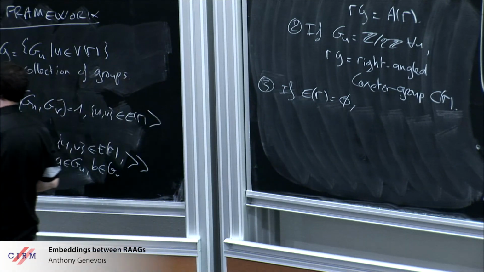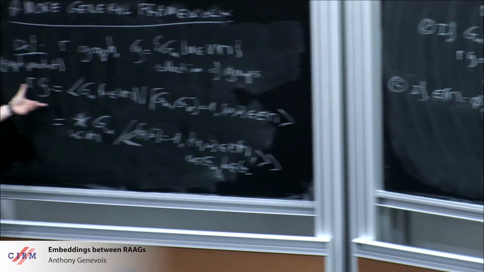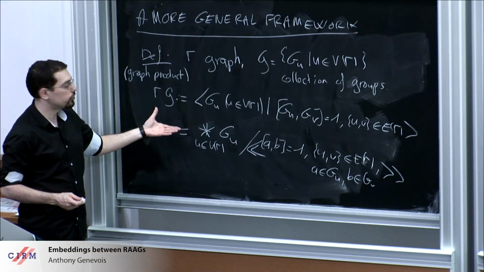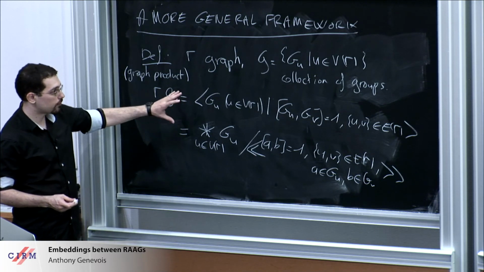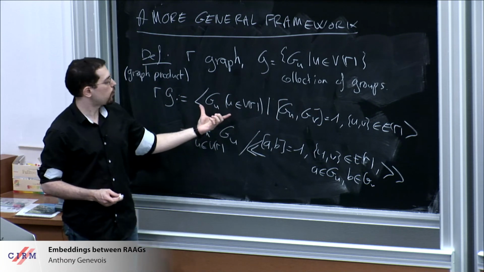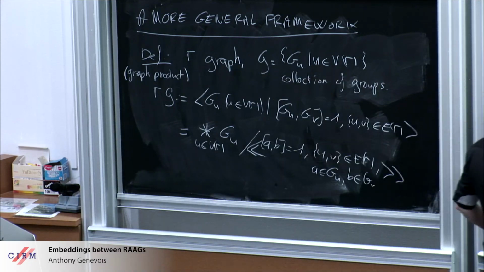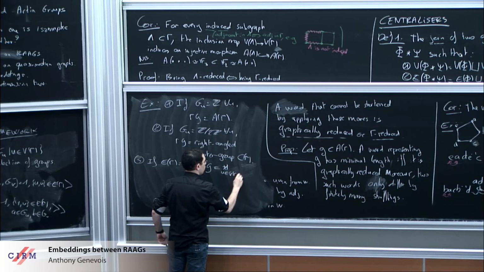Similarly, for right-angle Artin groups, we said that it's an interpolation between free abelian groups and non-abelian free groups. And you have something similar here. If E of gamma is empty, so if you have no edges in your graph, then you have no relations, and your graph product is just a free product of your groups.